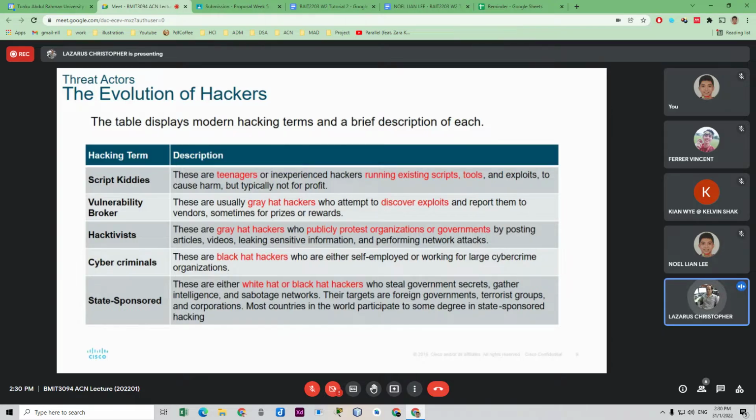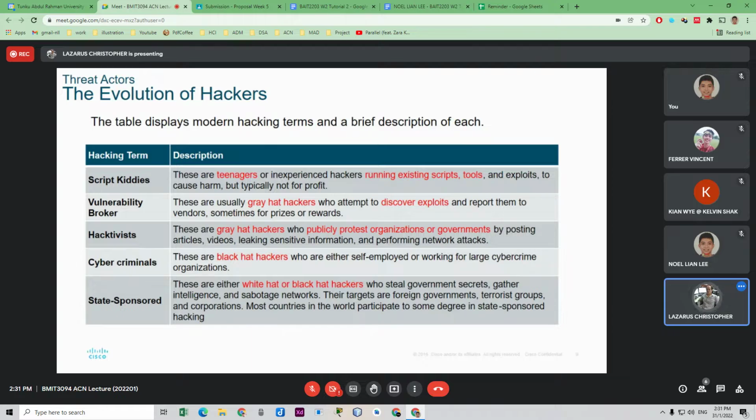Vulnerability brokers, they are gray hat. This is what I described earlier on. They discover, exploit, and report to vendors, sometimes for prizes or rewards. Hacktivists, they are the ones that are protesting. Remember just now I said, protesting against a company because the company doesn't care about carbon emission, so they're considered a bad company because they harm the earth.